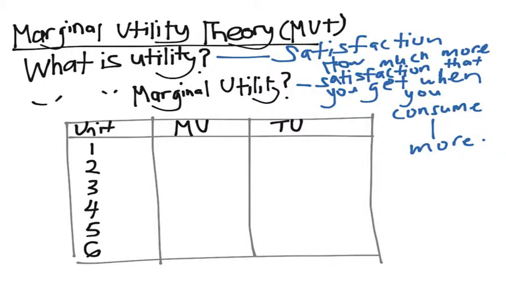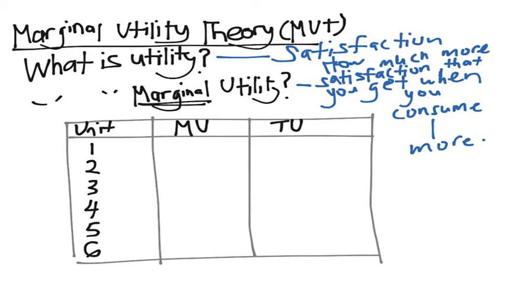Next is marginal utility. So what is marginal utility? The word marginal here is very important. You will see it throughout AS and A2 economics. Marginal actually means how much more satisfaction. In this case, marginal utility means how much more satisfaction you will get when you consume one more of the good.